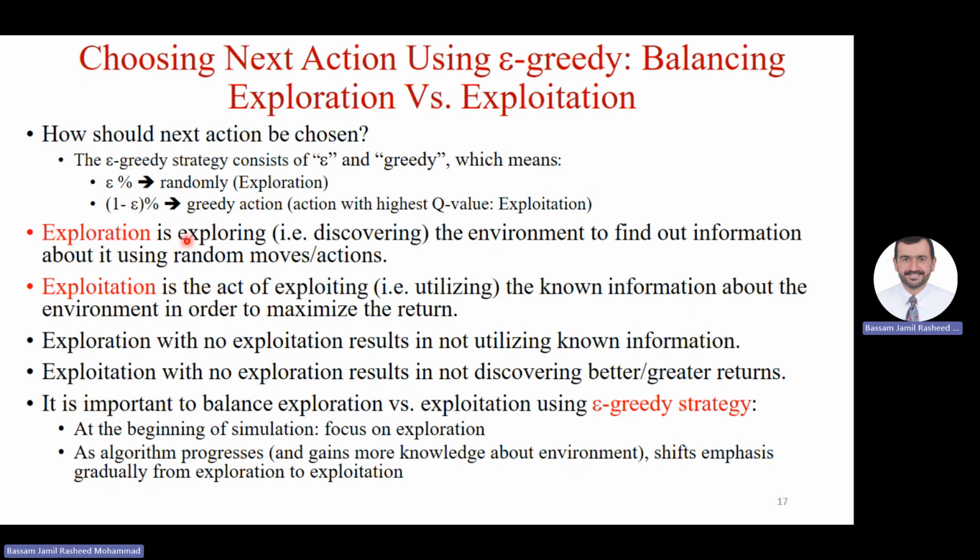So exploration is exploring or discovering the environment to find out about it, using random moves and actions. Exploration is very useful during the start of the simulation, in the early stage, because I don't have any knowledge of the system. So I would set epsilon very close to 1, so that I do a lot of exploring.